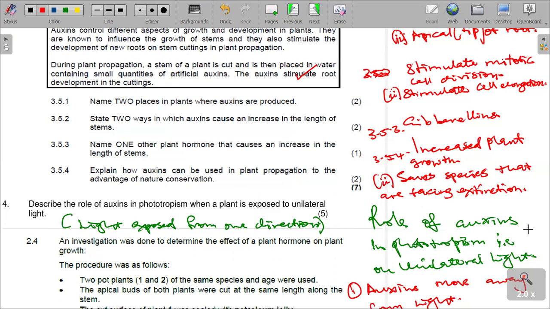So in plant propagation, auxins help to save our endangered species. It also talks about the increase in growth, or the fastening of growth in plants, which would enable them to survive in cases of regrowing, which we are talking about growing them from cuttings. So these are the things.